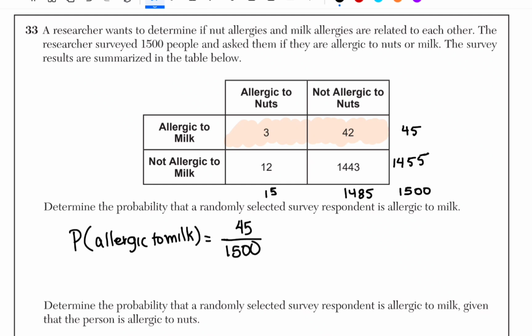And we can simplify that to 3 over 100. So that is the first part.